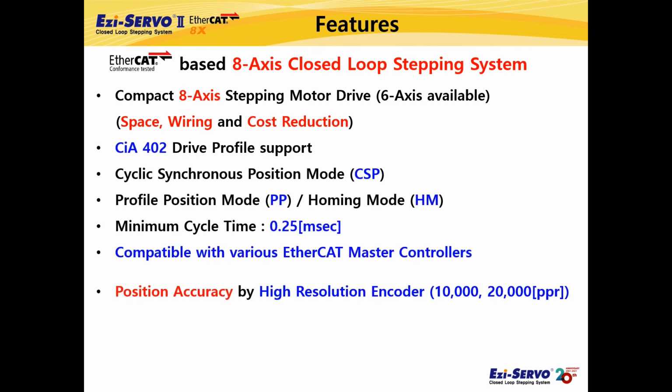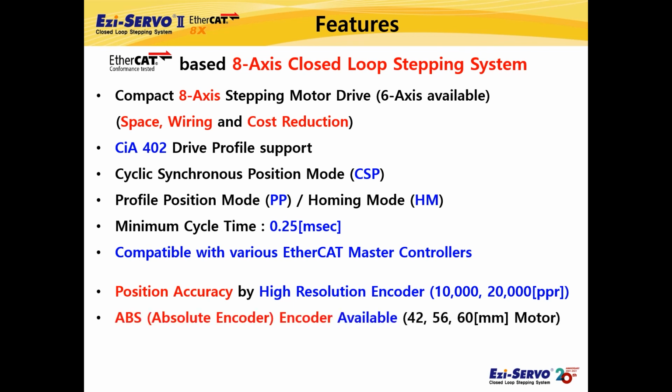Rest of the features are the same as the features of Ezi-SERVO II EtherCAT 4X, except for one thing. The one distinguishing feature is that Ezi-SERVO II EtherCAT 8X supports the batteryless absolute encoder type motors. The batteryless absolute encoder can be applied from 42 mm to 60 mm size motors.